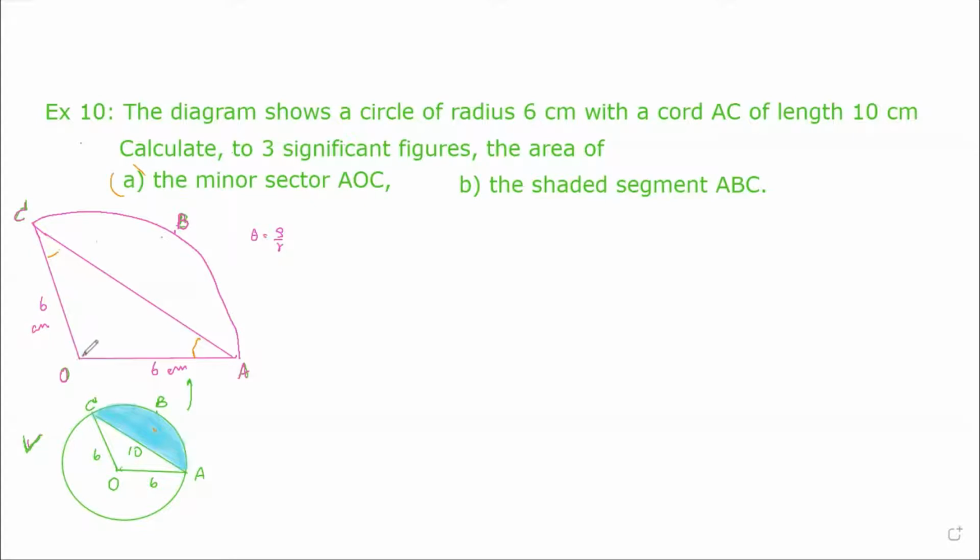So we draw the perpendicular OD, name it D here. We draw the perpendicular OD up here. So we have this one perpendicular, so we know this should be perpendicular at 90 degrees.